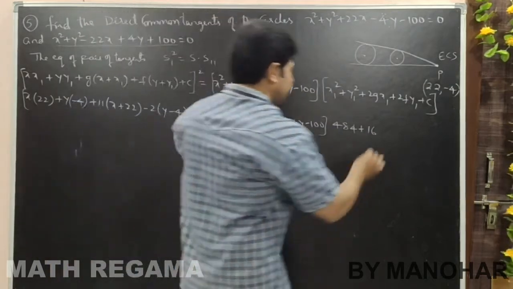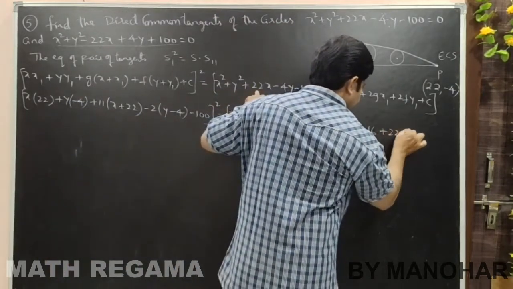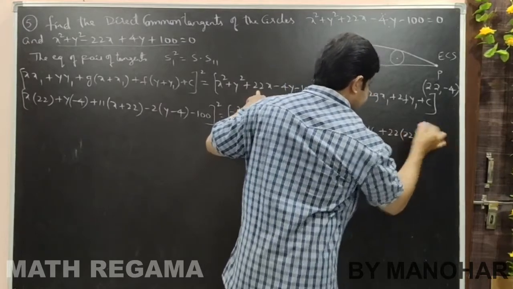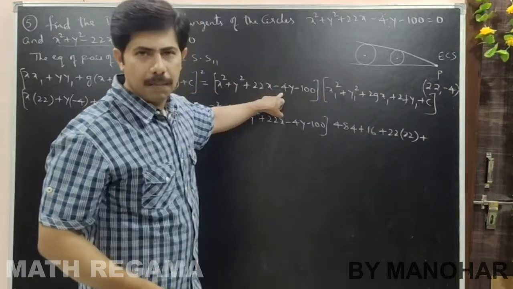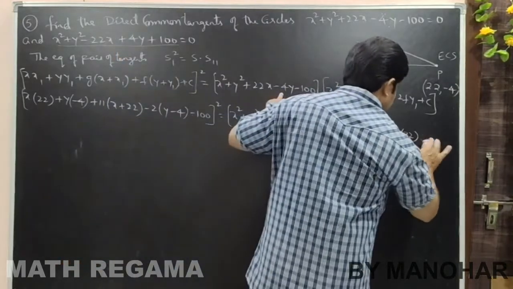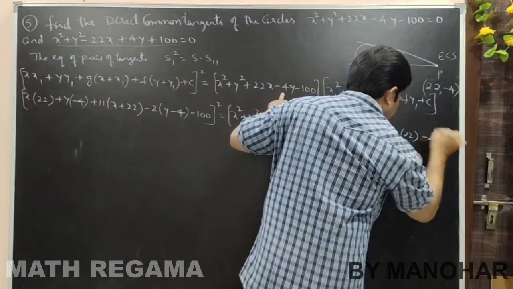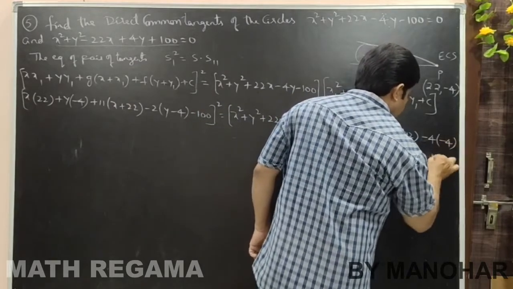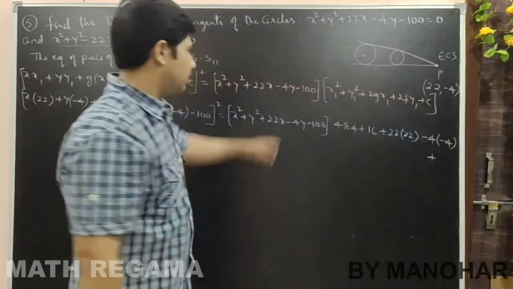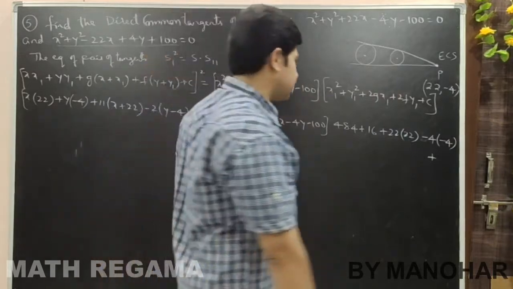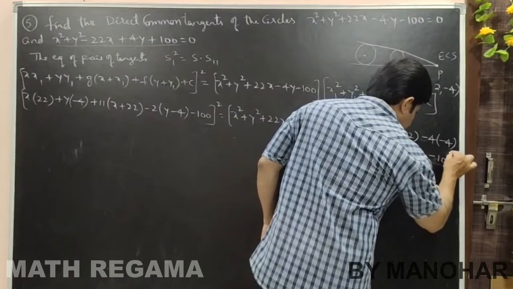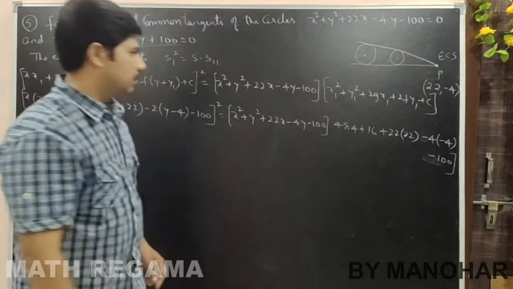Okay, I will write 22 into x1. What is x1? 22 plus 2f is minus 4. So I will write minus 4 into y1 is minus 4 plus what is c value? Minus 100. So I should write minus 100. And we have to use this. So put it in a bracket.